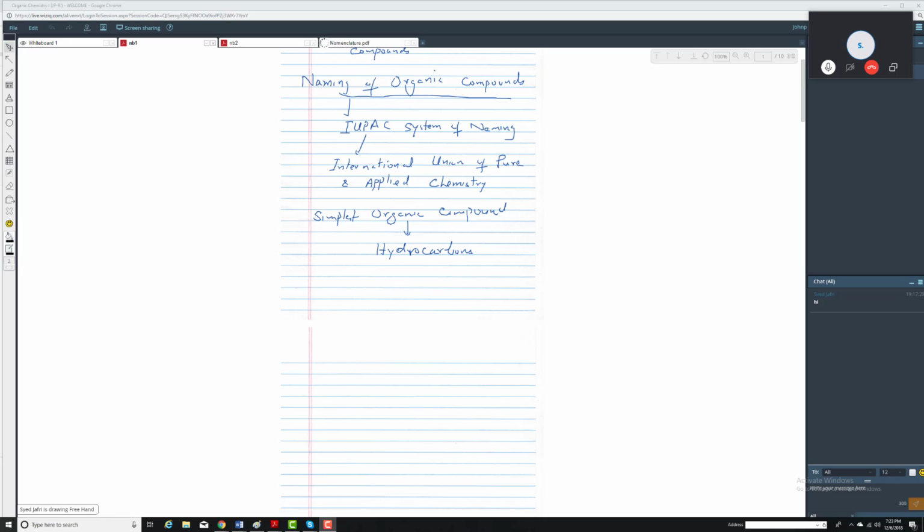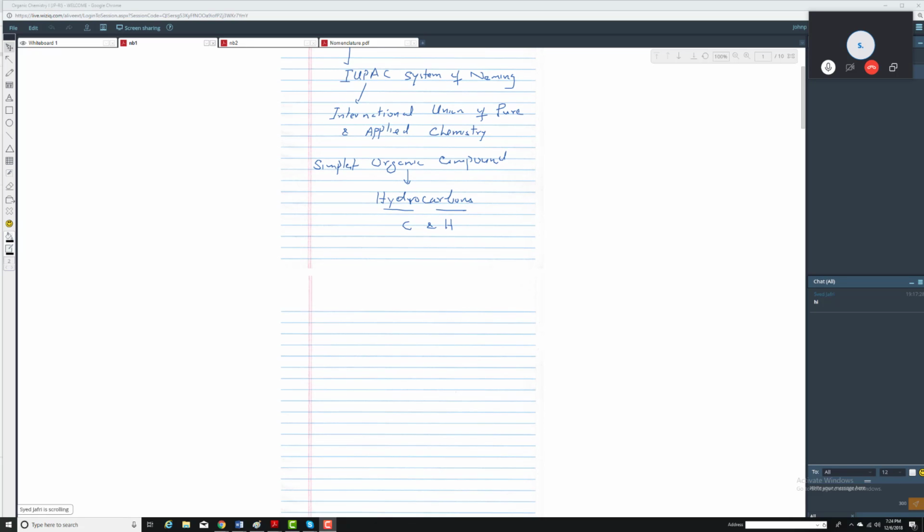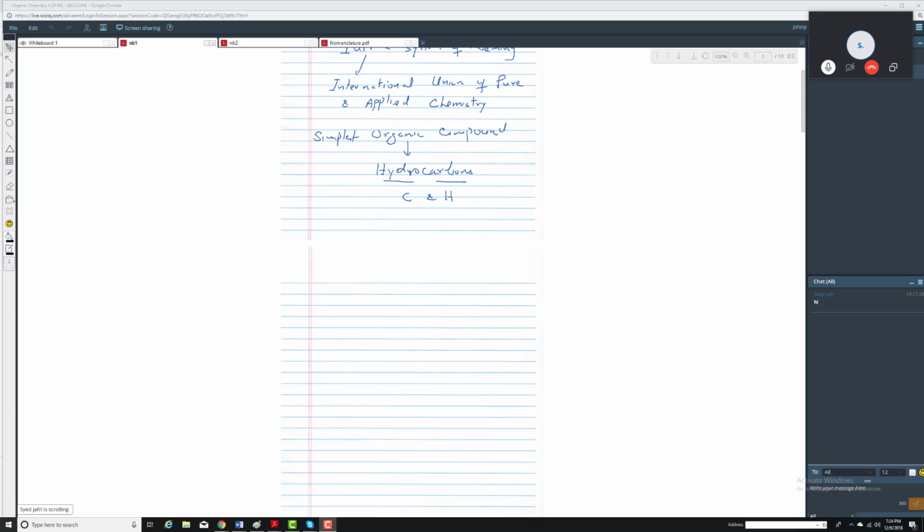The name tells that they are made up of two elements, carbon and hydrogen. Only two elements are there. If there is any other element, they are not hydrocarbons. So hydrocarbons are the compounds made up of only carbon and hydrogen. No other element is there. These are the simplest organic compounds.